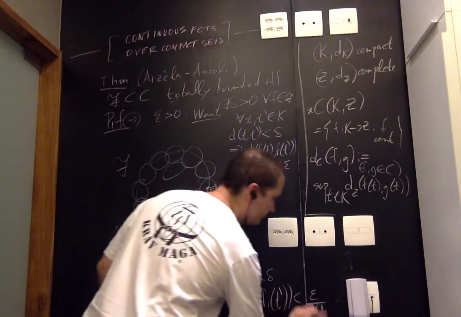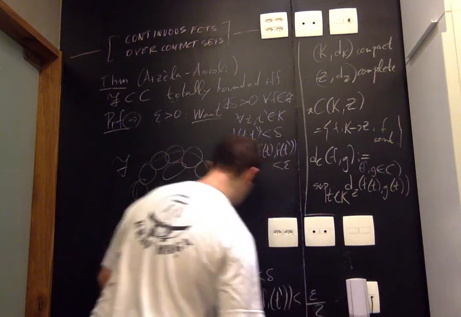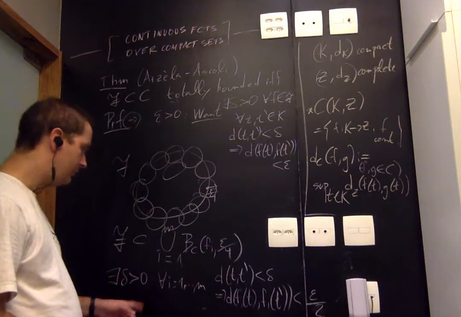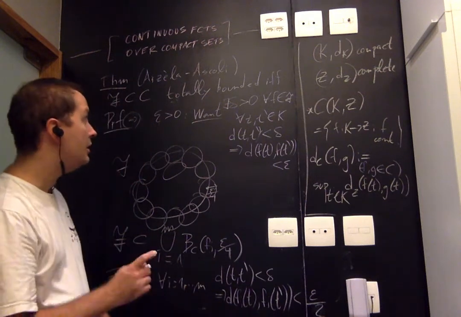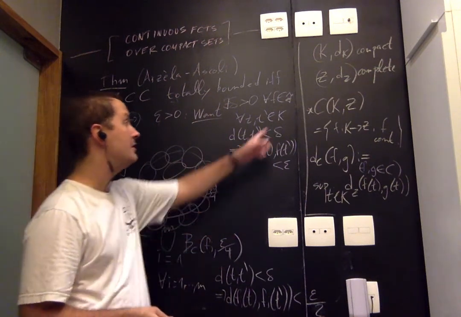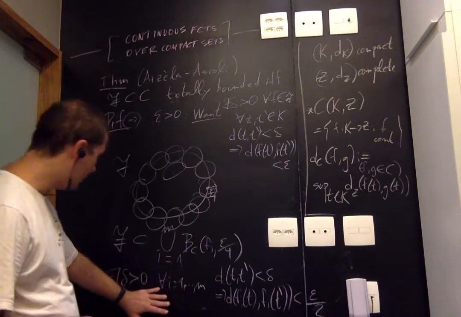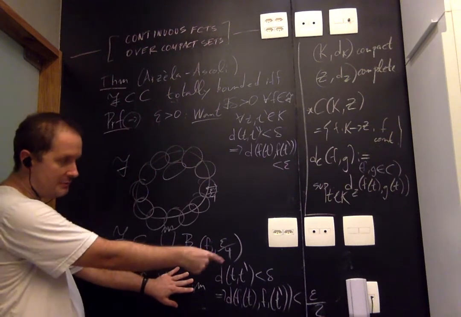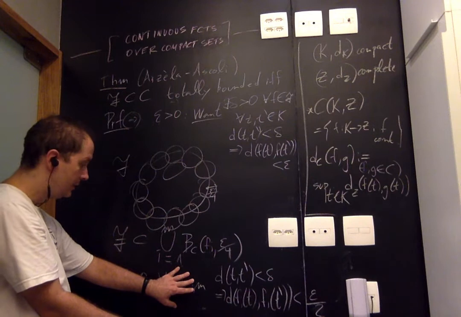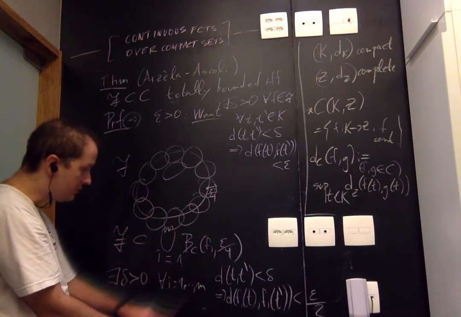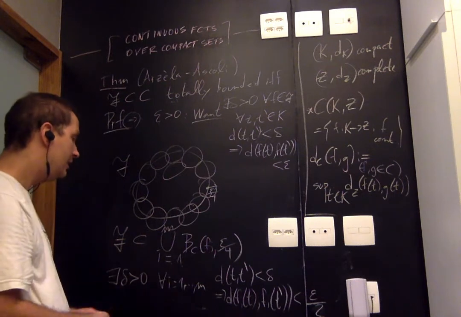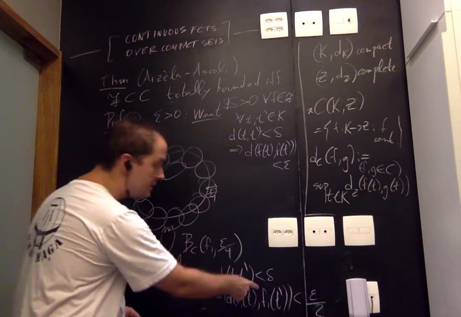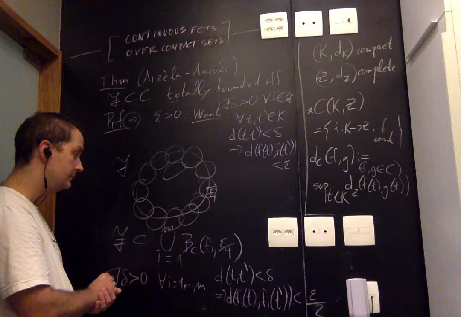Epsilon over 2 actually will work. And how do I know that? Well, for each i I know that f sub i is not only continuous but uniformly continuous because K is compact. Therefore, I know that I can find a delta for any epsilon over 2, doesn't matter. But now there are finitely many functions, right? So for each one of them, I have a delta, delta 1, delta 2, up to delta m. If I take the smallest of those, then I guarantee this is true for all f sub i's.